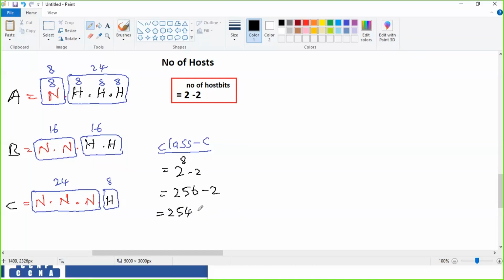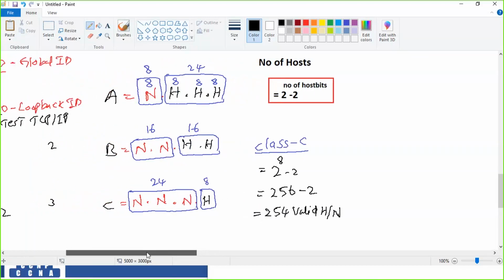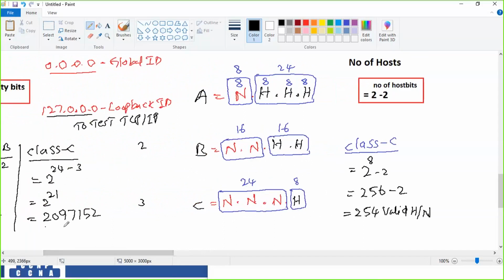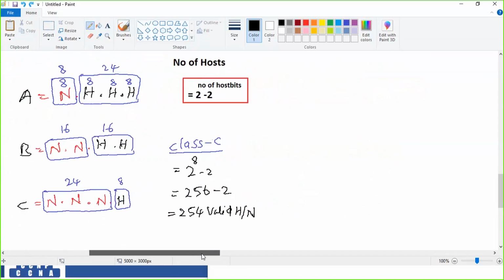So we can say 254 valid hosts per network. For each network, there are 254 usable IP addresses in class C. In class C, how many networks? 2,097,152 networks are available. For each network, how many usable IPs are available? 254.